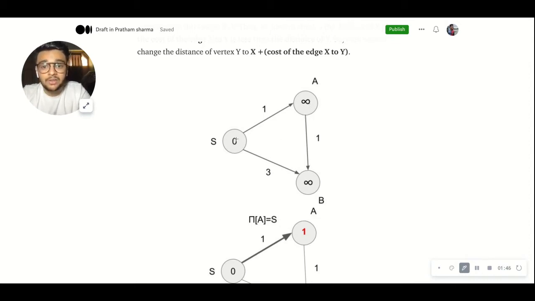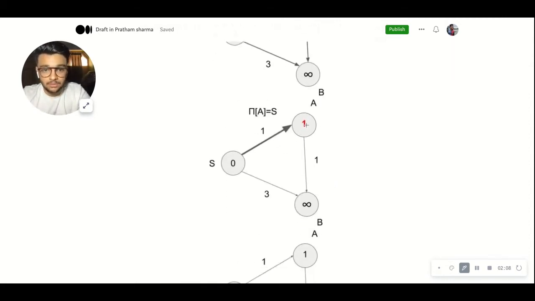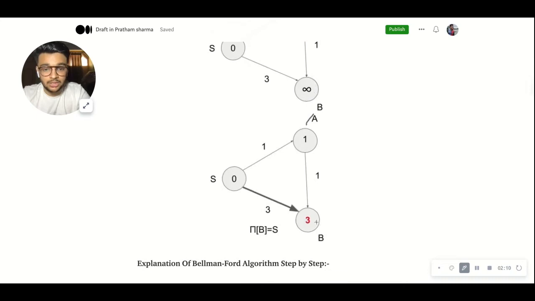In this case 0 plus 1 is less than infinity, obviously, that's why we will change infinity to 1. Same goes in this case: 0 plus 3 is less than infinity, so we will change infinity to 3. See, we have changed this to 1 and this to 3.